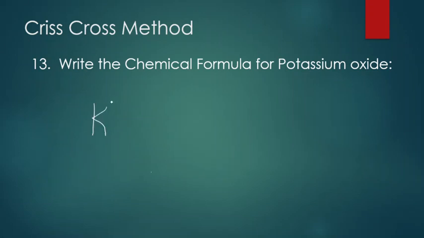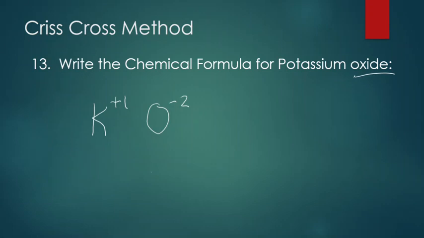It is K, and its charge is +1. Oxide kind of reminds me of oxygen, and you know what? There is no other element that's like ox anything. So that has to be oxygen. So oxygen is a girl, and her charge is -2. Savage. Are the charges equal? No.